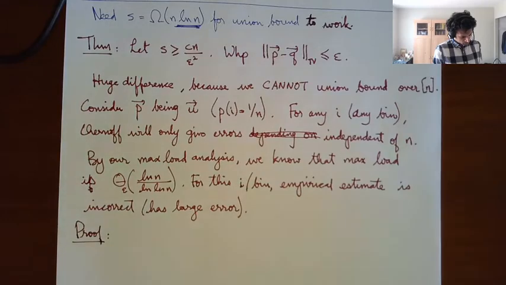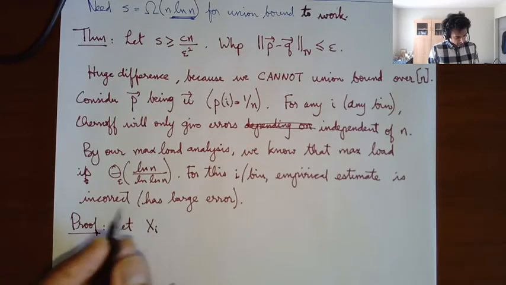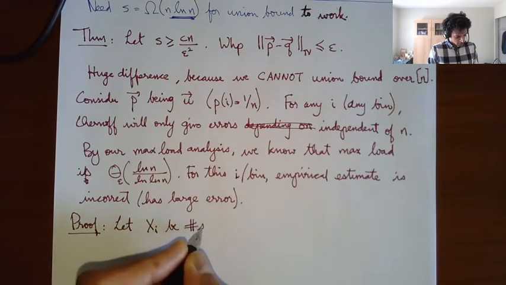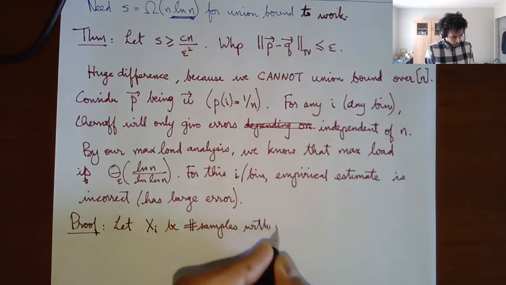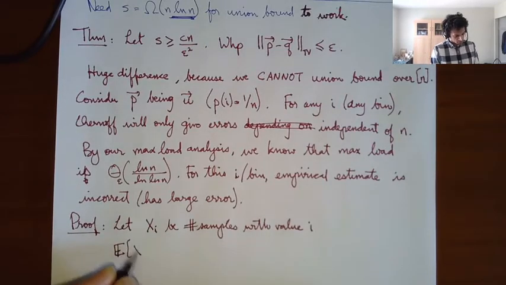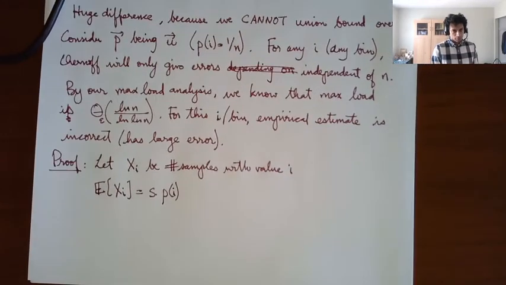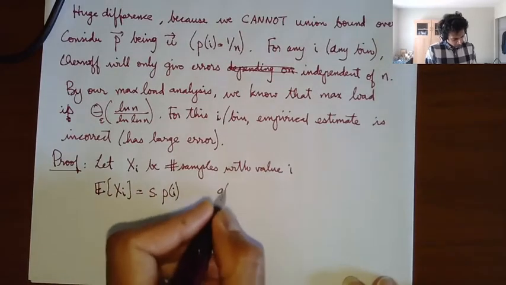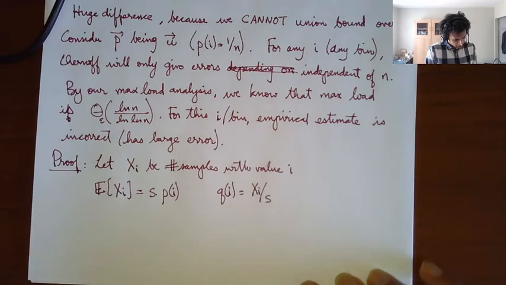All right. So the proof is fairly short. Let xi be the number of samples with value i. So we know that the expectation of xi is exactly s times p of i, and q of i is going to be xi divided by s.